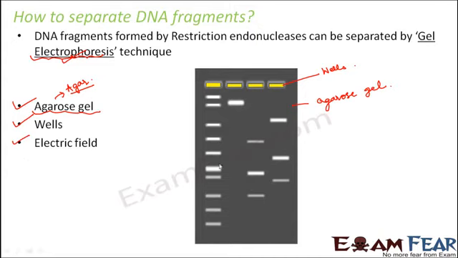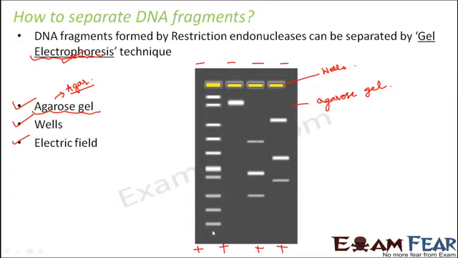Now the electric field is applied so that the fragments can actually move under its influence. When you apply an electric field, somewhat like this side becomes positive and this side becomes negative. Under the influence of this electric field, the DNA fragments tend to move towards the positive pole because DNA is negatively charged. The heavier fragments move slower, whereas the lighter fragments move faster.